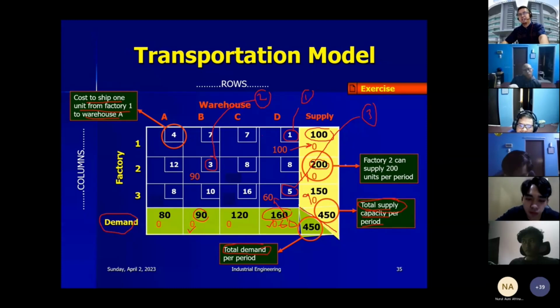We found this one first, 8. This is number 4. So 80 minus 80, we get 0 balance. And please remember, we have a balance 90 here. 90 minus 80, we get a balance of 10.